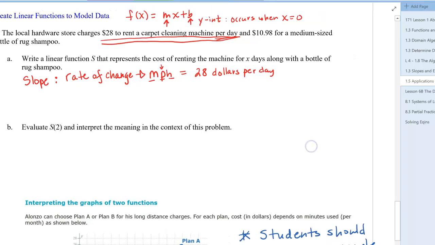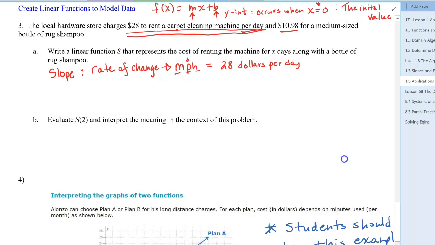So a lot of times the y-intercept, because it occurs when x is 0, is called the initial value. So the initial value is the other number in the problem. It's the $10.98 because we're going to be charged that regardless of how many days we rent the machine.